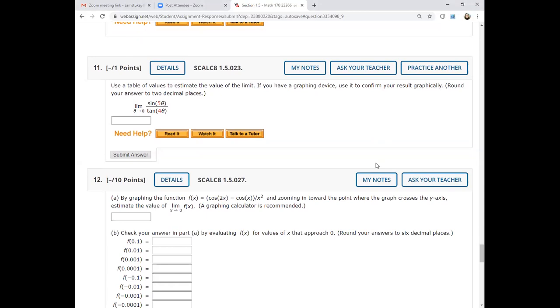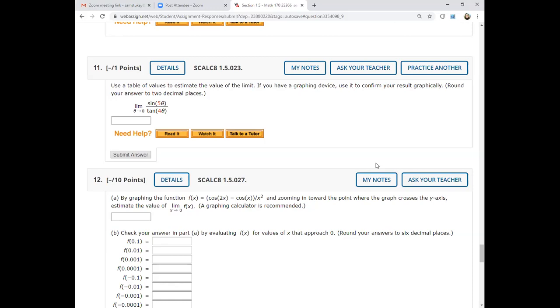Now, this is another version of the same thing, okay? You're going to learn to evaluate this limit in a different way later, but basically use a table. Here, the only difference is they don't give you the values. So you want theta to get closer to 0, right?